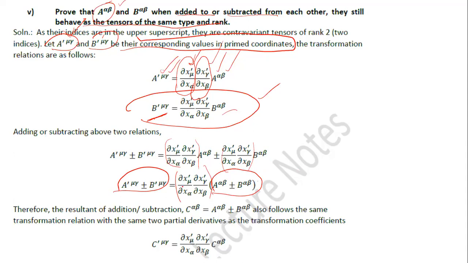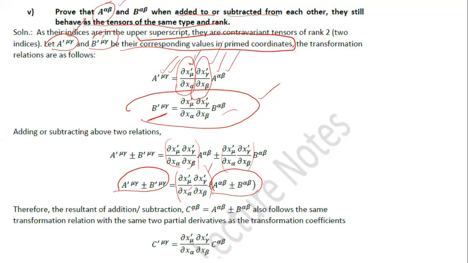And here you find that the transformation coefficient is such that the prime coordinate variable is in numerator and unprime is in denominator. So after addition and subtraction, it still maintains the transformation coefficient for a contravariant tensor of rank 2.